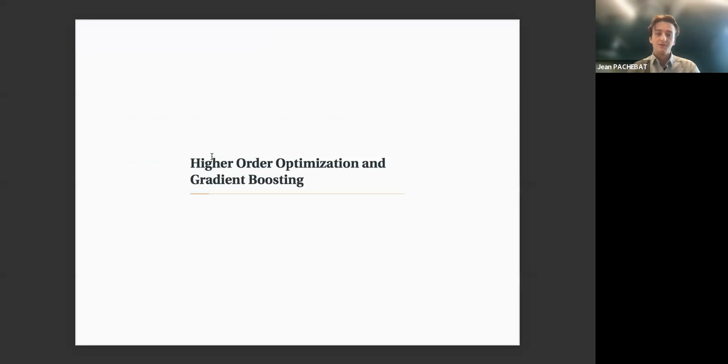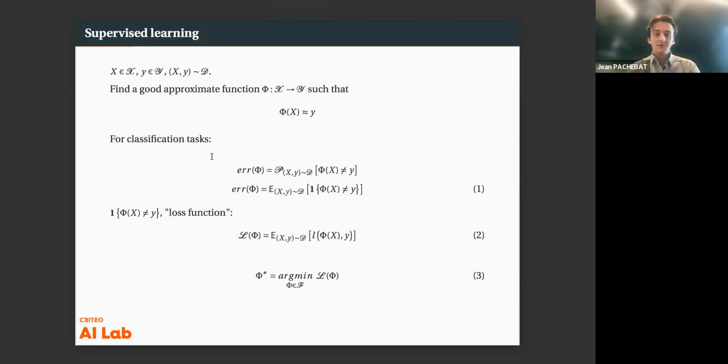So, higher order optimization and gradient boosting. Just as a reminder, I wanted to fix ideas on the framework of the problem. It's the classical supervised learning framework.